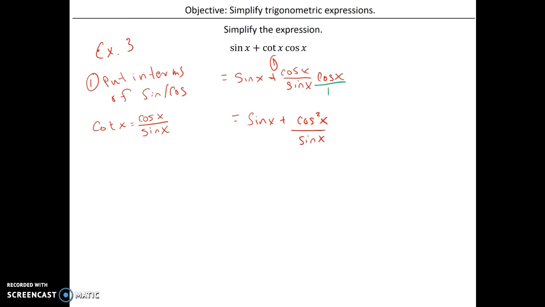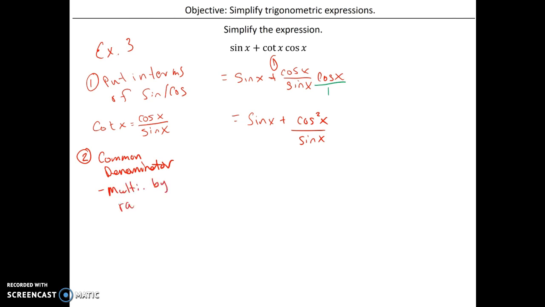Okay, so I've combined these two terms, but notice I still have addition. I have multiple terms here, and I want to collapse this into one term. So what I'm going to do, as we did in our prior knowledge, is get a common denominator by multiplying by a ratio of 1.